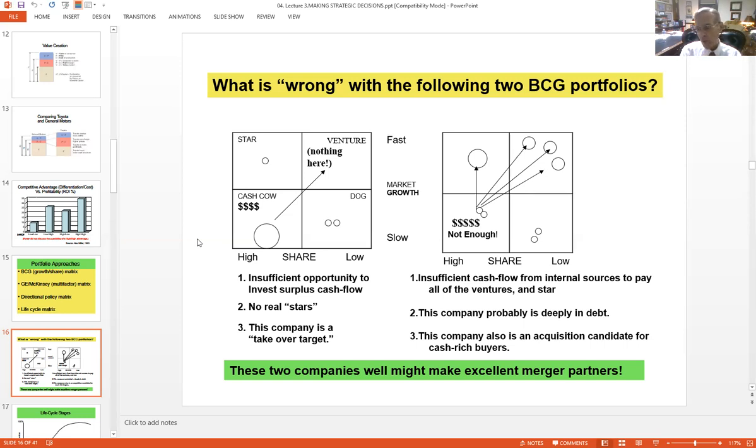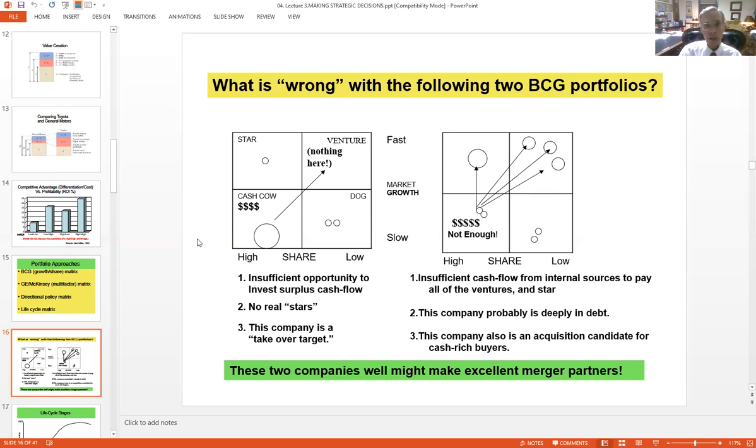And so over on the right, we see the portfolio of a business just like the one that I described. You can see that it's got lots of new products in the hopper. They don't have large market shares because chances are these are new products for new markets, maybe even new industries.